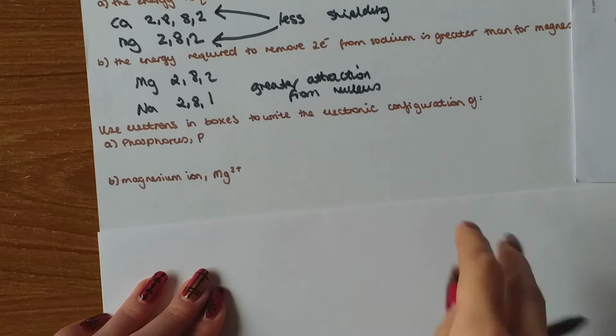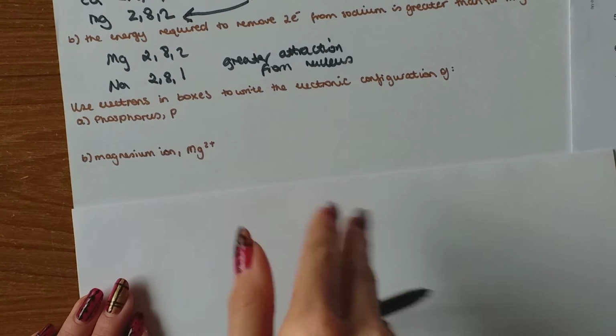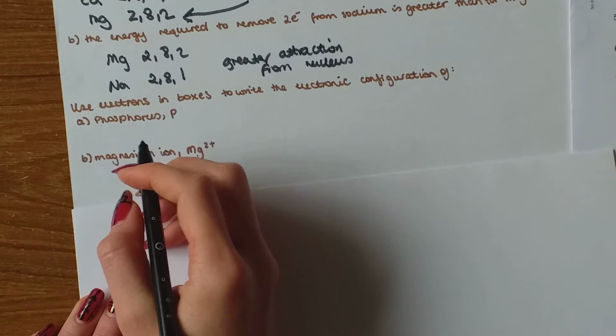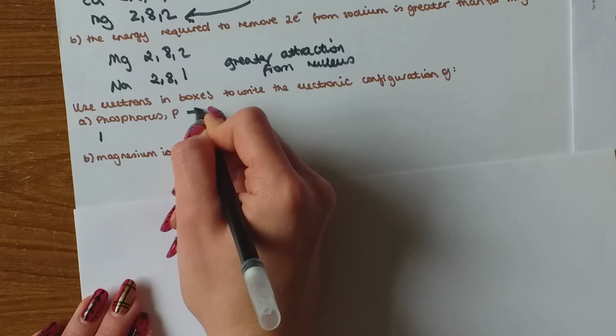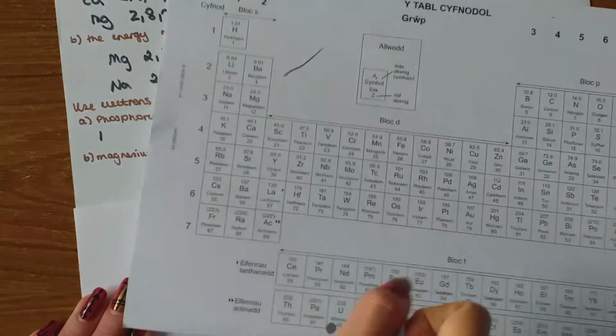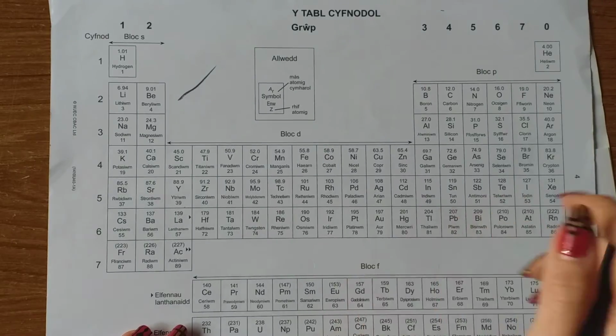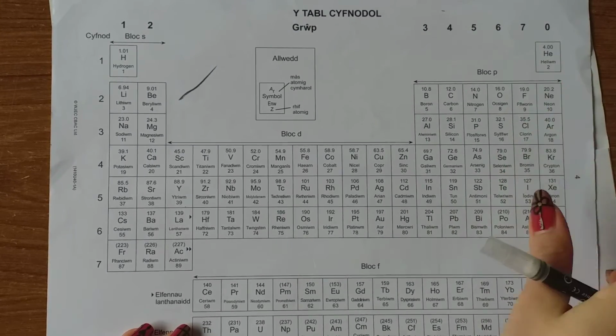Now what we've got to do is use electrons in boxes to write the electronic configuration of phosphorus. And we've got to see how many electrons phosphorus has first. So our phosphorus is in group 5 and it has 15 electrons.